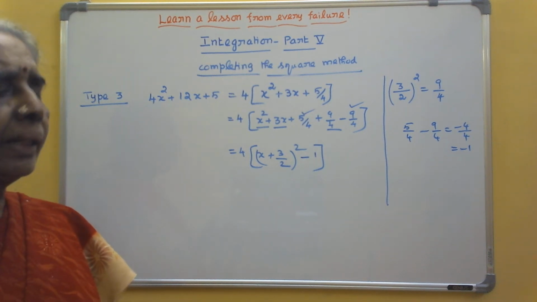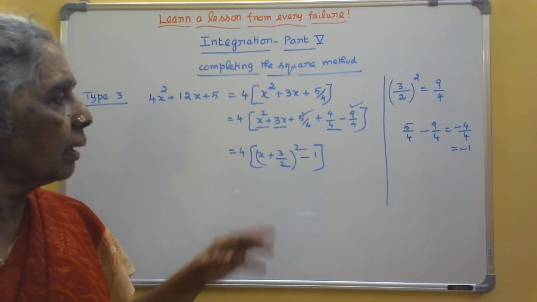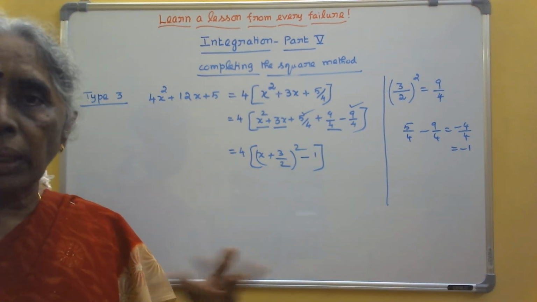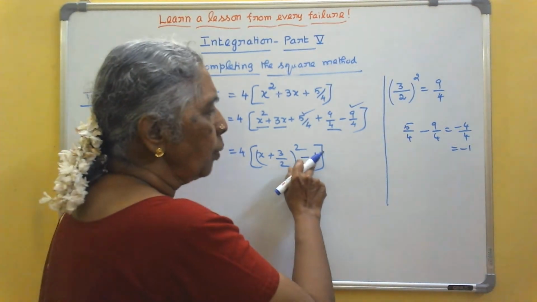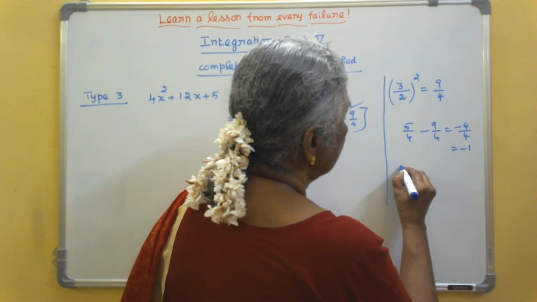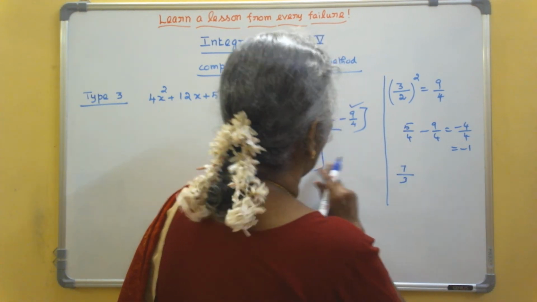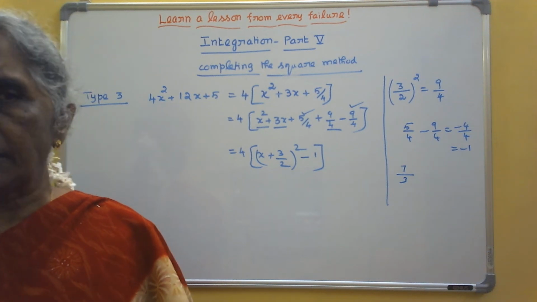Now, you may get a doubt here after I teach you the 3 types. Now, what I have taken, I am getting 1 and easy things. Just for example, here after doing something, supposing I am getting some 7 by 3 like this. Instead of this 1, if I get some 7 by 3, don't bother.